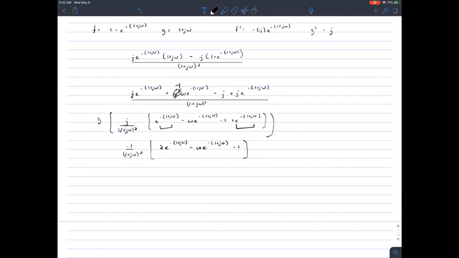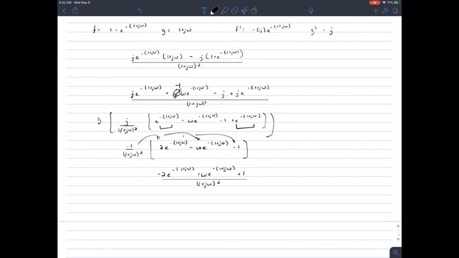Then, multiplying the negative 1 to everything, we're going to have negative 2e to the negative (1 plus j omega), plus omega e to the negative (1 plus j omega), plus 1, all over (1 plus j omega) squared.